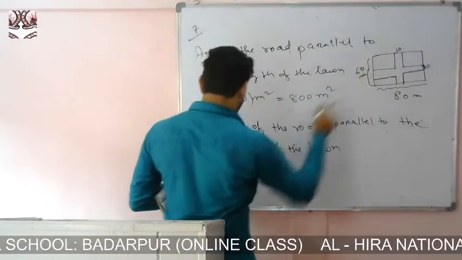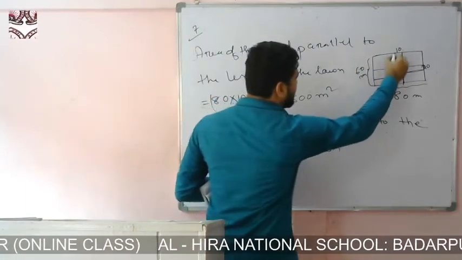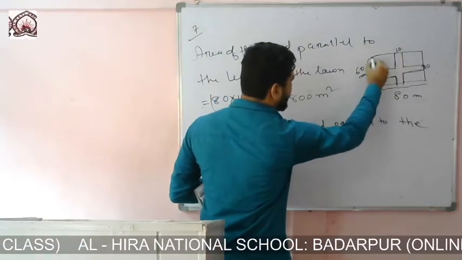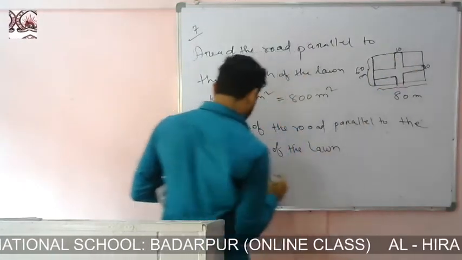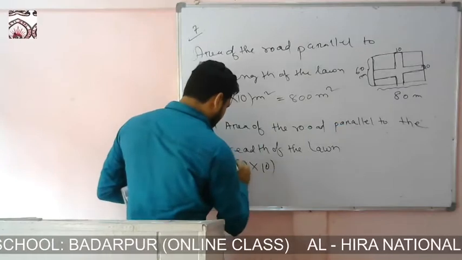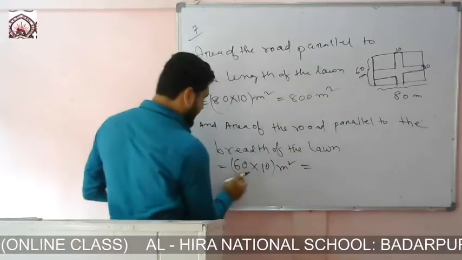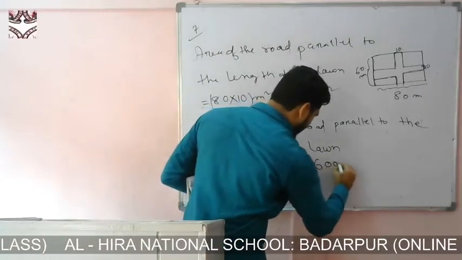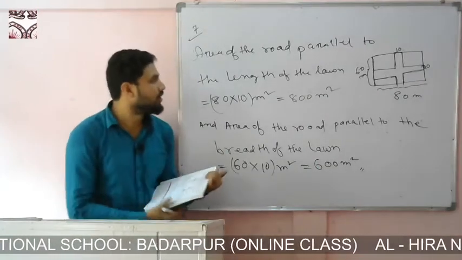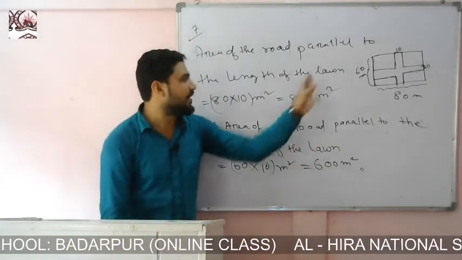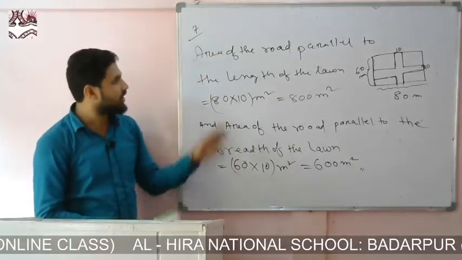Breadth, that means this one, what, 60 into what, this length is what, 60, here you see 60, and this portion is the breadth. Okay, then 10, so again 10. Then it will become what, 600. So we have found the area of the two roads.